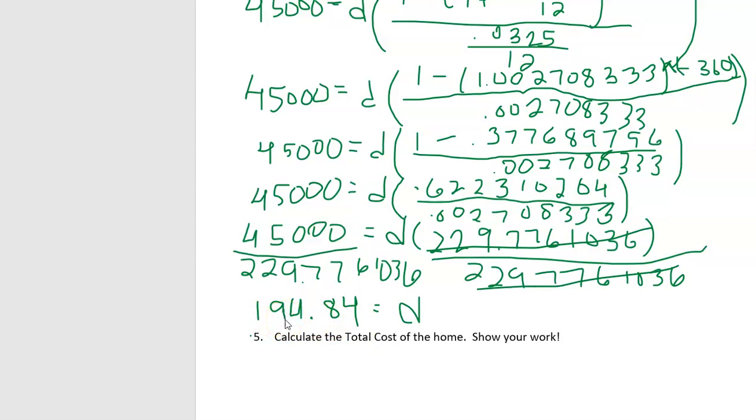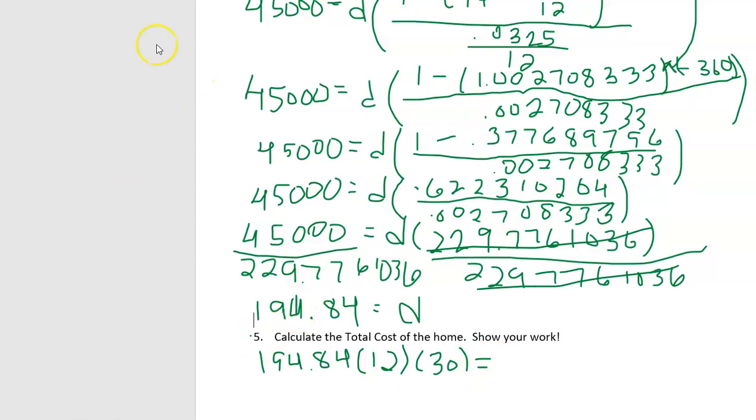Now we want to calculate the total cost of the home. Let's remember we are paying $194.84 each month, 12 times a year for 30 years. Let's multiply that out first. I'm going to correct something.